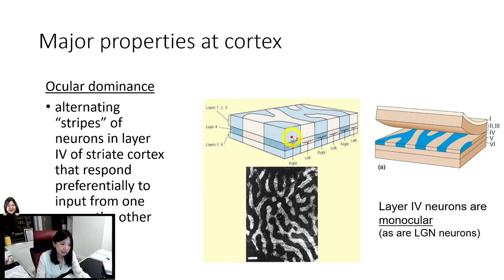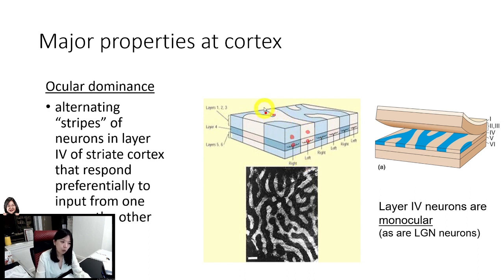Now let's say we pick a neuron that's directly above it in layer 3. These neurons will be binocular, so it will respond to both left and right eye input, but it will prefer right eye input. Similarly, this neuron here will be binocular. It will fire a little bit to both right and left eye input, but it will prefer left eye input.